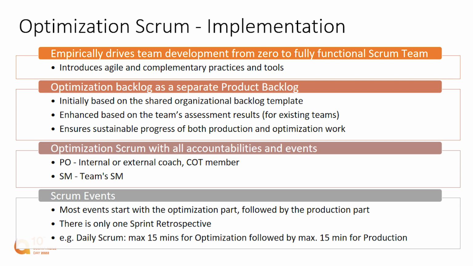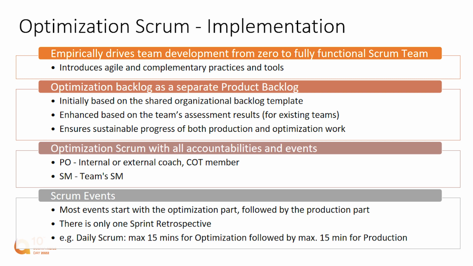They will start with the part dedicated to the optimization Scrum, and then will continue with the part dedicated to the production Scrum. So, for instance, in their daily Scrum, they will start with a time box of up to 15 minutes dedicated to daily Scrum for the optimization work, and continue with up to 15 minutes of their daily Scrum dedicated for their production work.